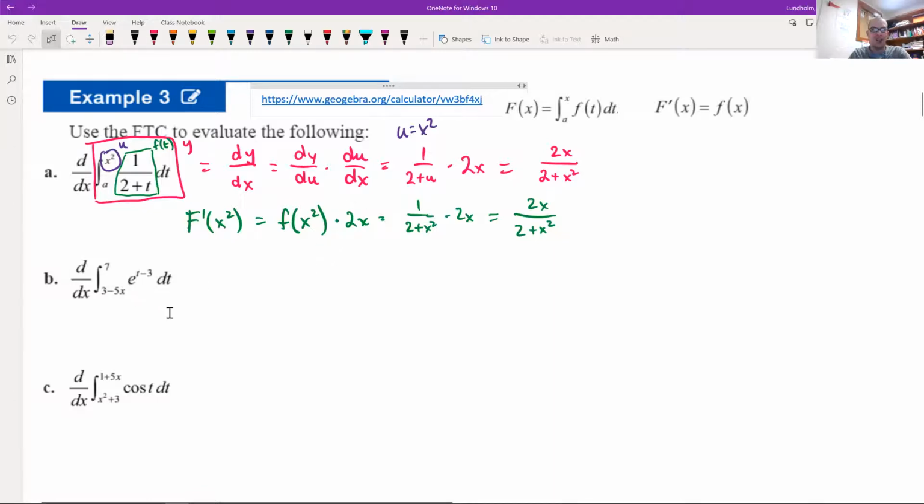For the next one, sorry that this is taking so long, notice that we don't really have the same form of an area function where the first left-hand boundary is stationary and the right-hand boundary is the one that moves. In this one, we've got a left-hand boundary that's moving and a right-hand boundary that's stationary.